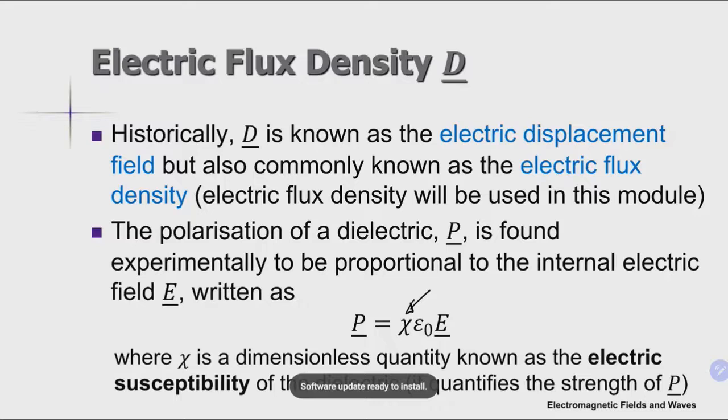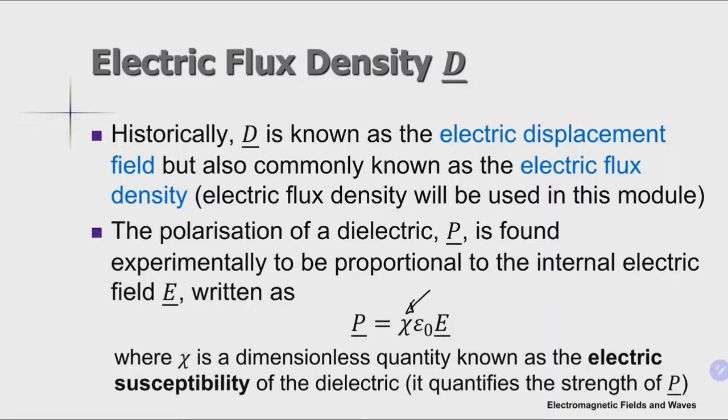So different materials polarize differently, which means that different materials will have a different chi, or something. I don't know how to pronounce this in Greek. It's a parameter, and therefore it defines the material itself. So it's a material parameter.